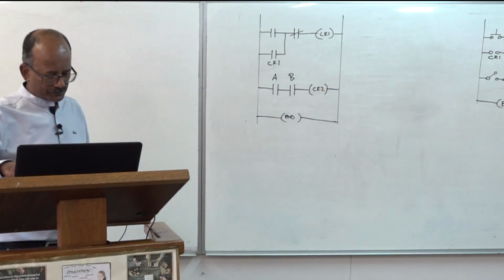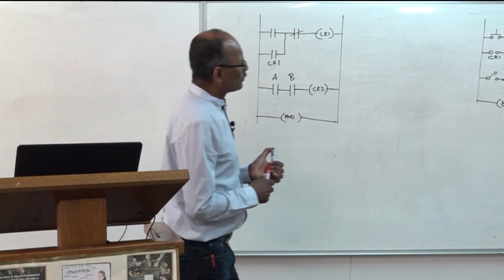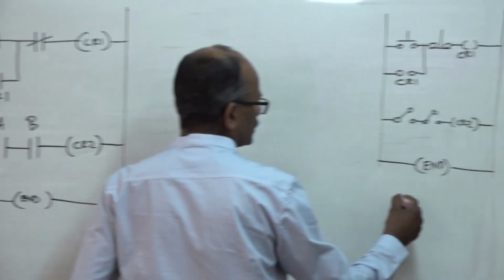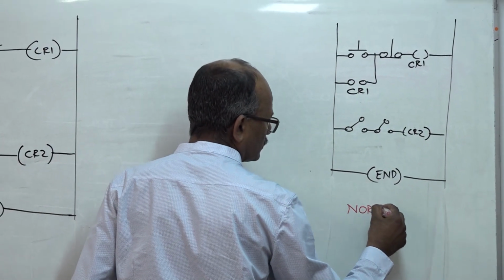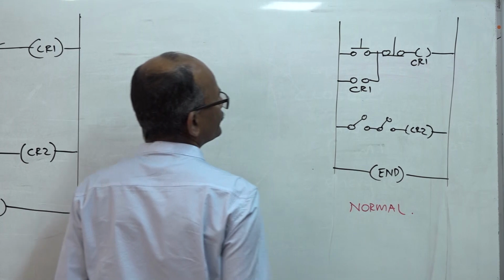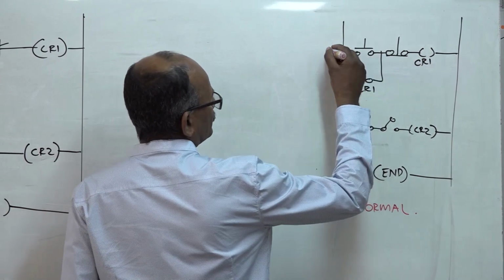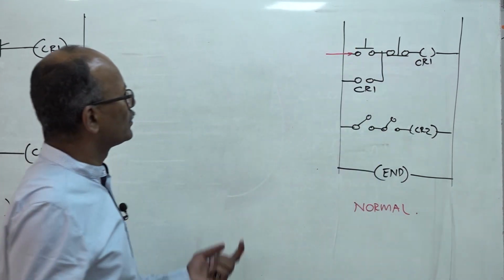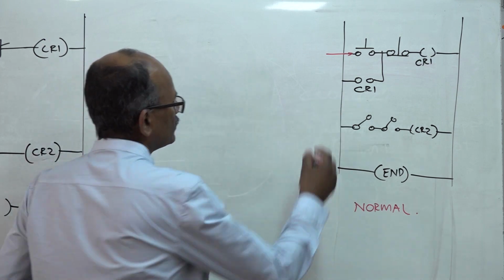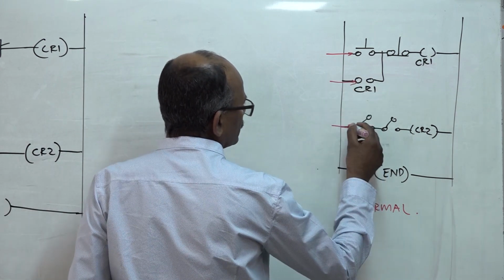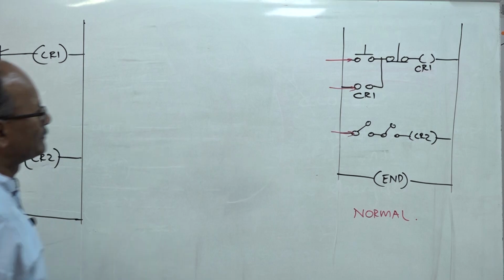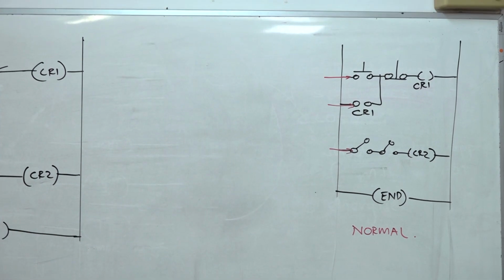Okay. And then we said, in the normal state, this is what the circuit is. That is off. So if I look at the first rung, no current can flow there, no current can flow there, no current can flow there, and that's my end. I can now explain what would happen.